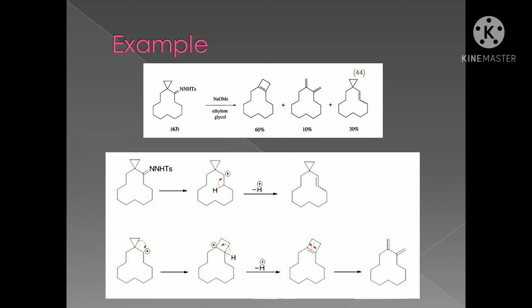Here it will become a tertiary carbocation. Then after deprotonation, it leads to the product A. Next, on heating condition, the product A will undergo electrocyclic ring opening reaction to give the product B.